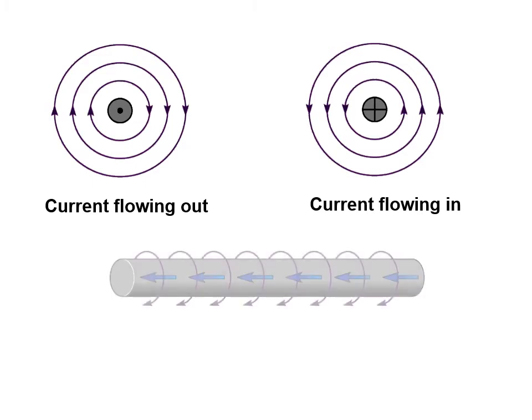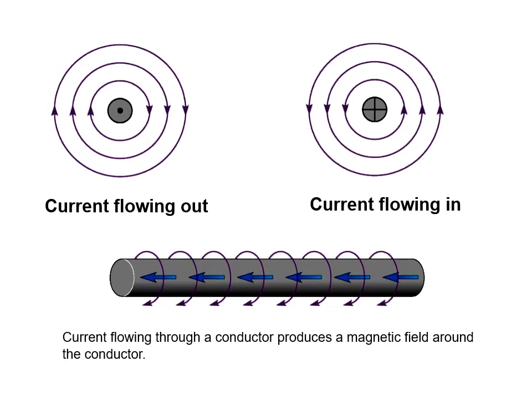Using this convention, we can determine how a magnetic field is setting up around a current-carrying conductor. This magnetic field sets up along the entire length of the conductor.